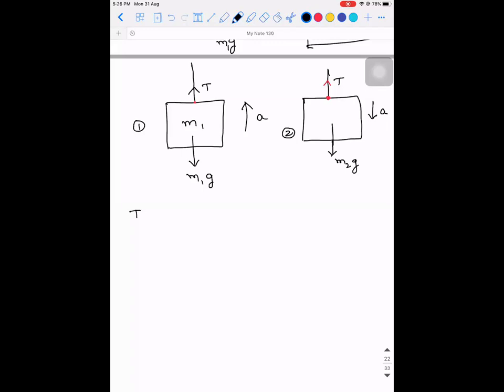Which direction is the acceleration of the object? T minus M1g is equal to M1a. So the sum of all the unbalanced forces is equal to the mass of the object into its acceleration, m1a. Similarly, for the second equation, it will be m2g minus T is equal to m2a. Right? m2g minus T is equal to m2 into a.